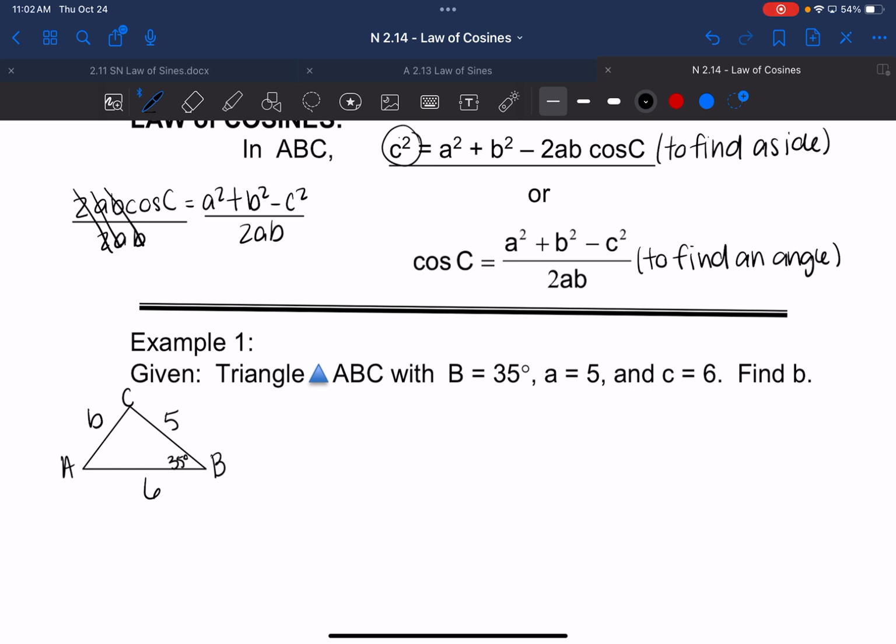So this time, am I looking for a side or am I looking for an angle? A side. Okay, so that would mean I want to use this formula. In this case, the letter I'm looking for isn't the letter C, it's the letter B, but it would still be the same formula. So this is the one I'm looking for, and that goes here.